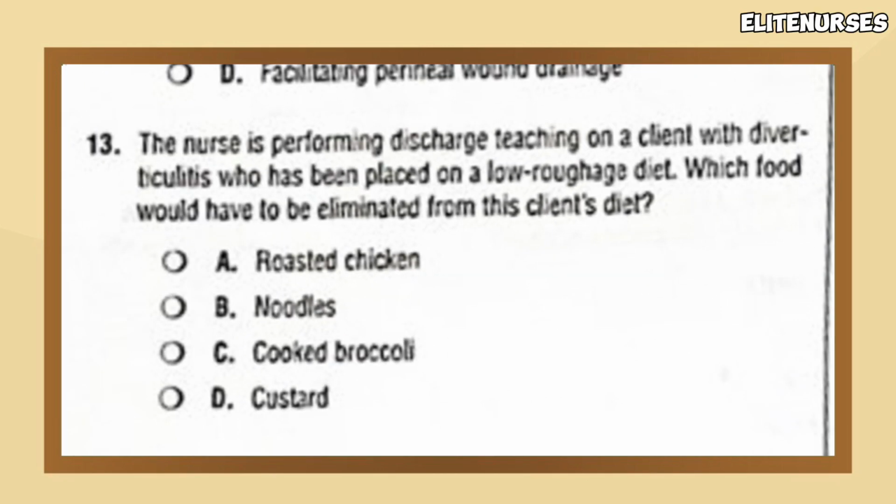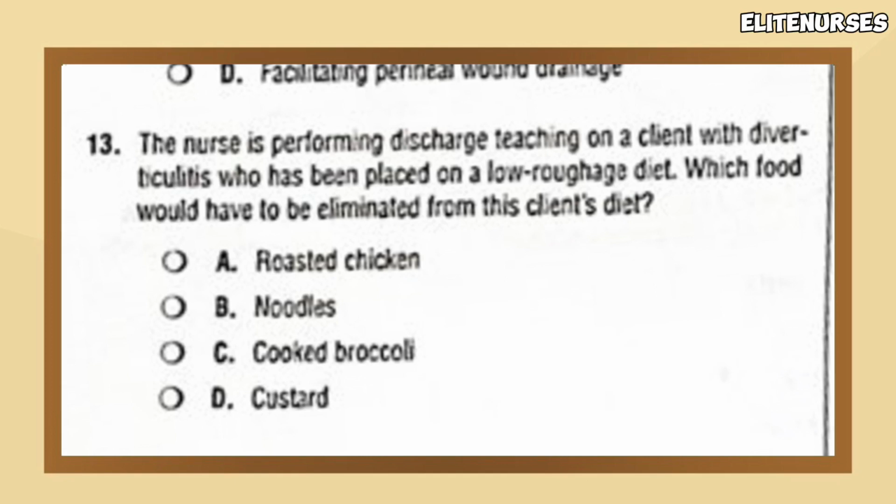Question 13. The nurse is performing discharge teaching on a client with diverticulitis who has been placed on a low residue diet. Which food would have to be eliminated from this client's diet? We have A, roasted chicken, B, noodles, C, cooked broccoli, and then D, the custard.